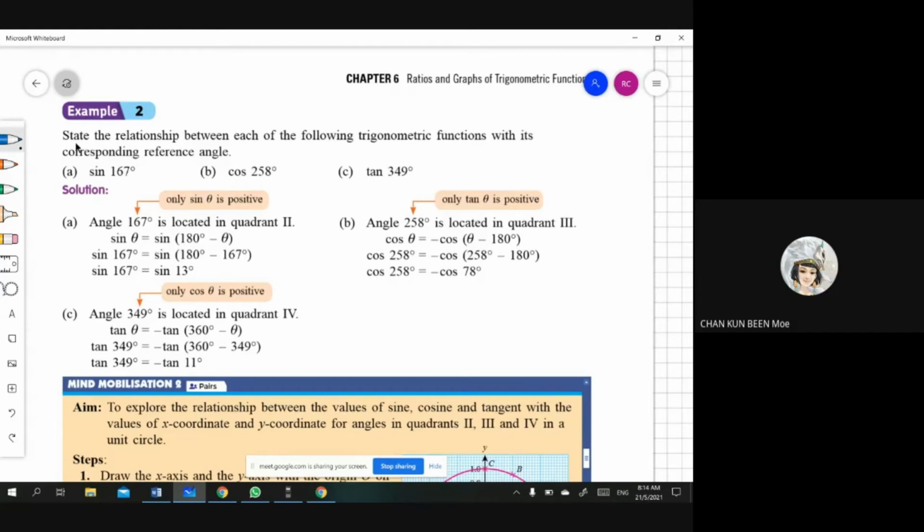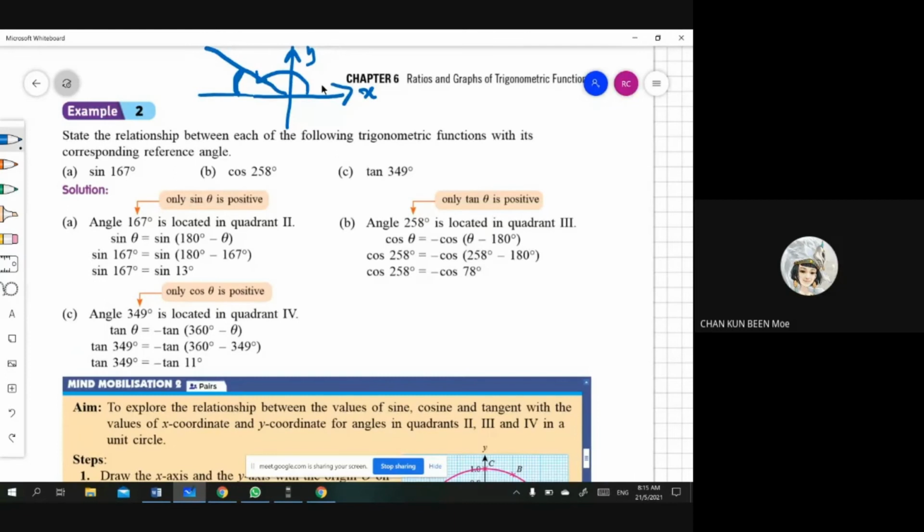Okay, we go back to the graph we drew just now. Okay, this is the graph. Sine 167 is somewhere here. Okay, this is x, this is y. So if they ask you to find the corresponding angle, this is the corresponding angle. Therefore, you have to use 180 degrees minus 167.